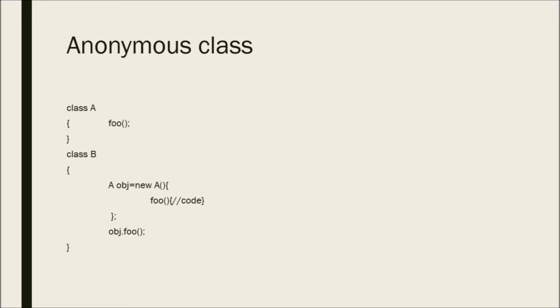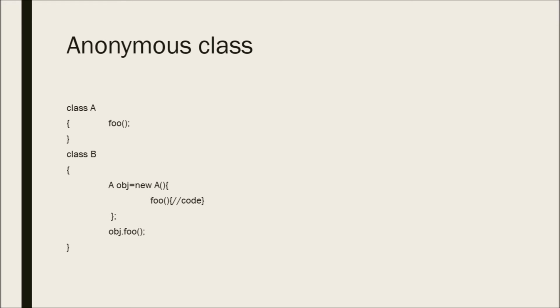Here we are again overriding the foo method. So we are generating an anonymous class. And further we are calling the foo method of class A, which will be overridden by the foo method in the anonymous class.